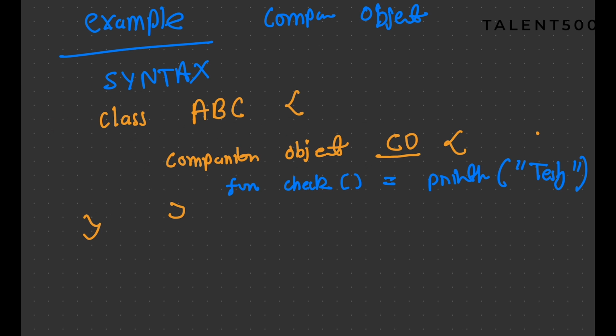Name of the companion object is CO. So in case I want to access the variables or functions inside this companion object, I can simply write the class name, then dot, then whatever the companion object's name is, that is abc dot co. And in case you don't give any name here, then by default you can access it with abc dot companion.